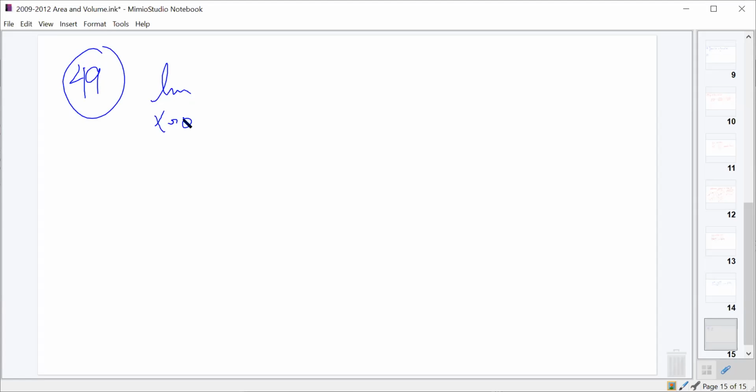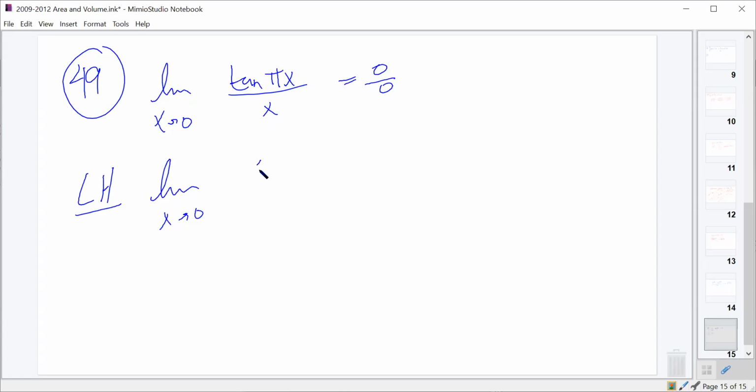All right, so 49, we're looking at the limit as x approaches 0 of tangent pi x over x. And so if we plug in 0 to this, it's the tangent of 0 over 0, so that's 0 over 0. And so you'll need to use L'Hopital's rule to find the derivative of the numerator and the derivative of the denominator to find this limit.